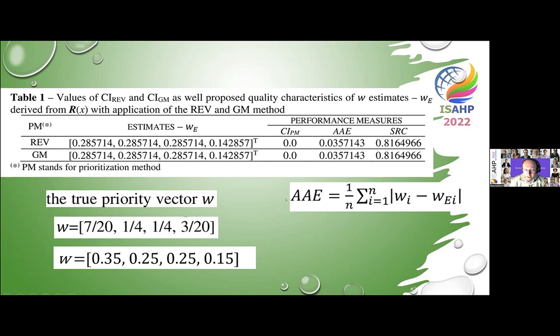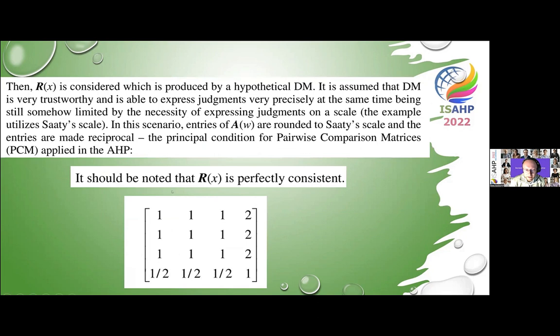And in this example, we can see that we can have some small deviations between the original generic priority vector and this vector that is calculated on the basis of the pairwise comparison matrix produced by this hypothetical decision maker.